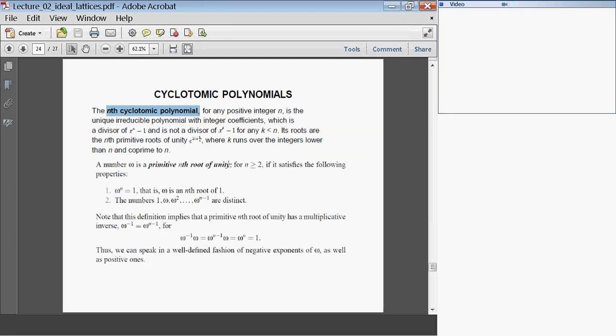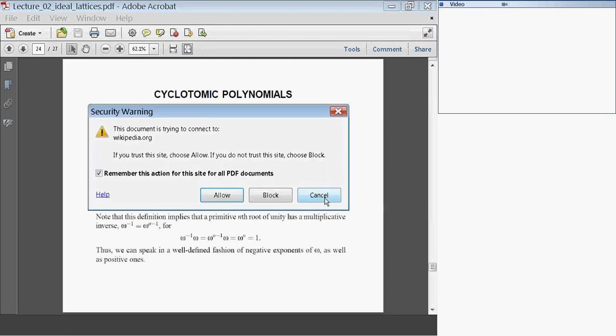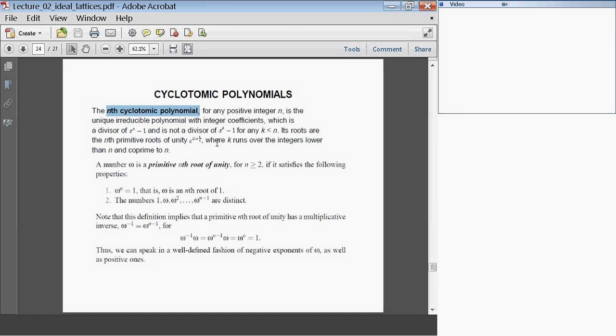And also, another advantage of those cyclotomic polynomials is that the roots of those polynomials correspond to primitive roots of unity, the concept that we discussed.